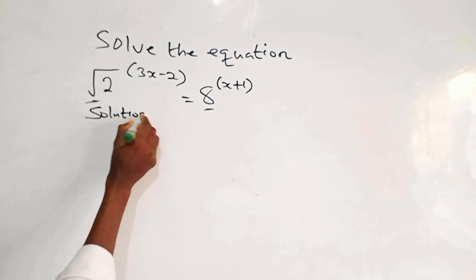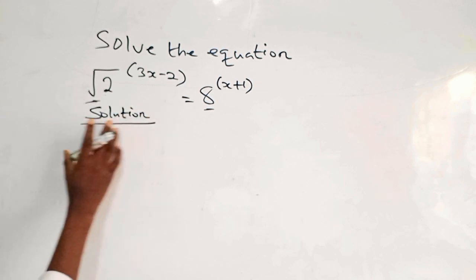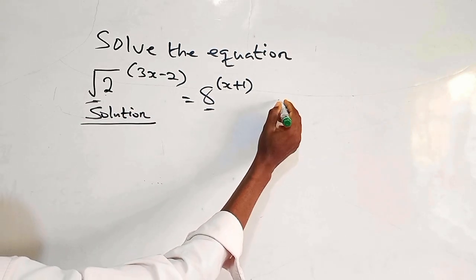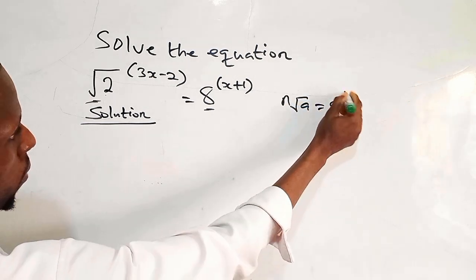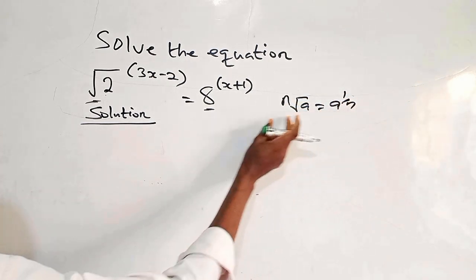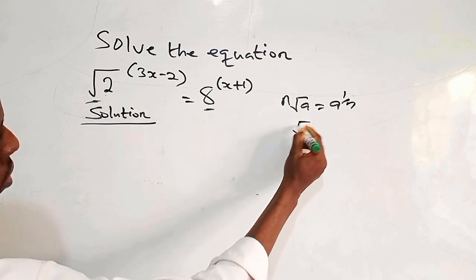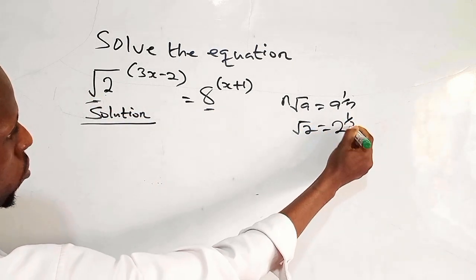Solution. So for root 2, do not forget one of the laws of indices. When I have the nth root of a number, it is said as a raised to power 1 over n. So we can write this root 2 as 2 raised to power 1 over 2.